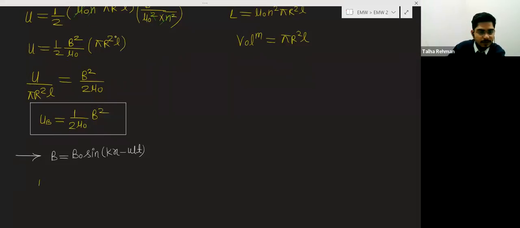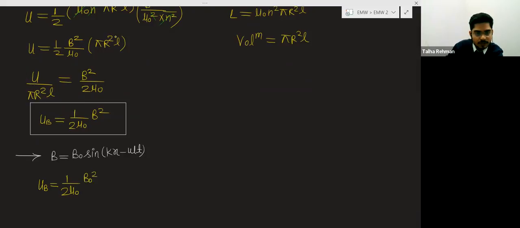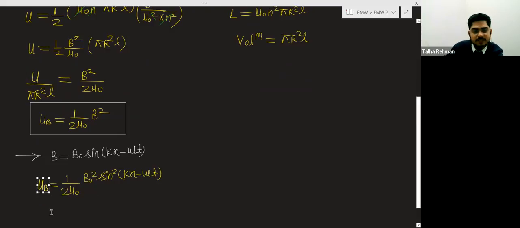So you will get u B, the energy density of the magnetic field, half into B naught square sine square kx minus omega t divided by mu naught. Now this thing is variable.